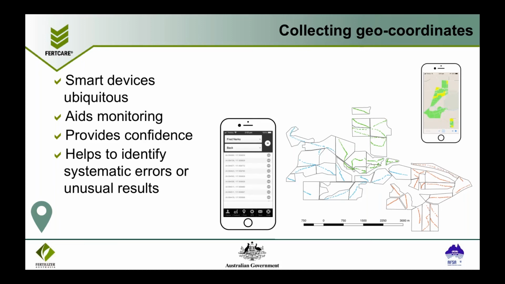It provides confidence that we're following previous transects, collecting a representative sample, and that we're good to go with monitoring. It may also be useful, from a company perspective or from your own perspective, to identify systematic errors or unusual results. So I think it's a worthwhile thing to actually add to the standards.